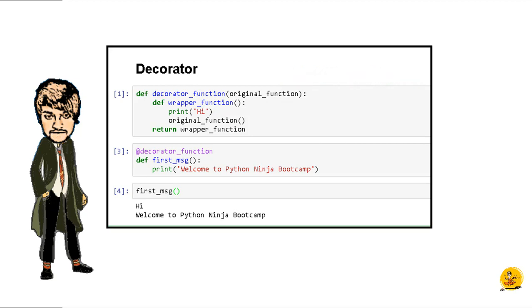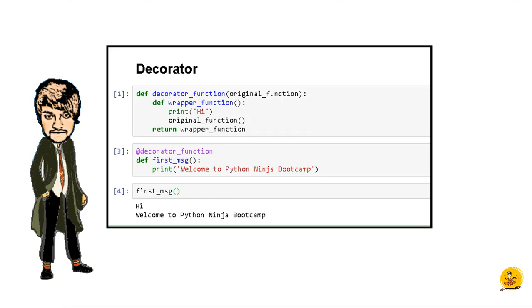Within wrapper function, the print message hi is executed and original function is called. This original function is equal to first message function. You can interpret this line of code as print hi is executing before first message function. After that, the decorator function returns the wrapper function that is waiting to be executed.